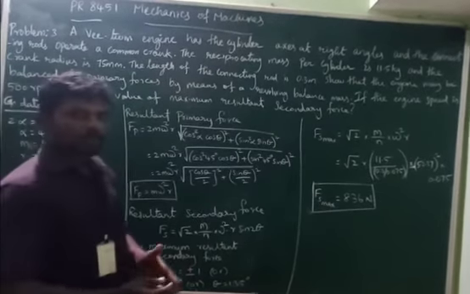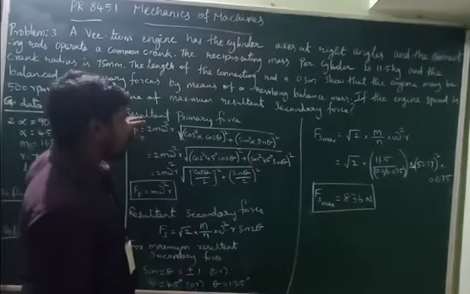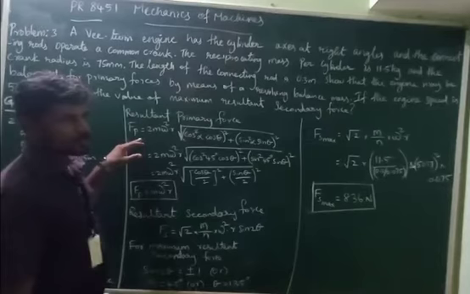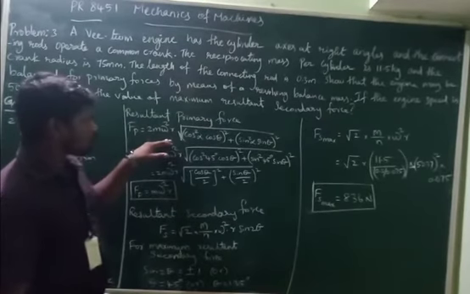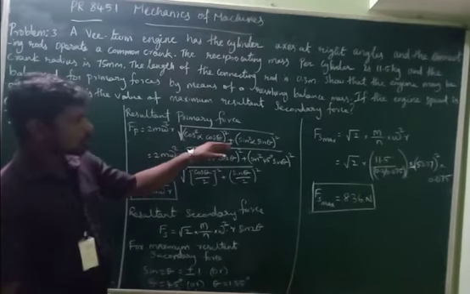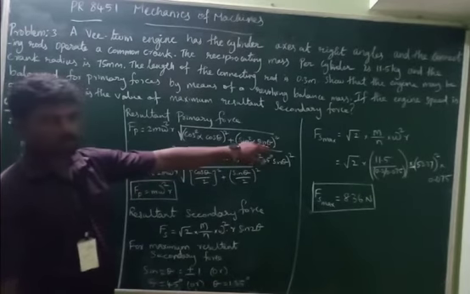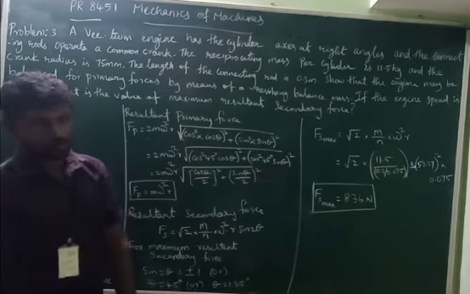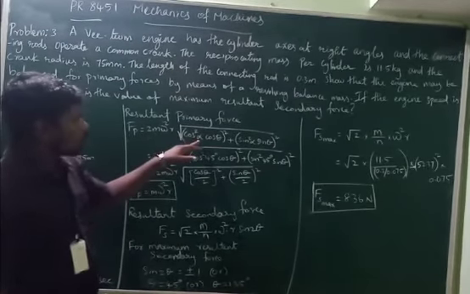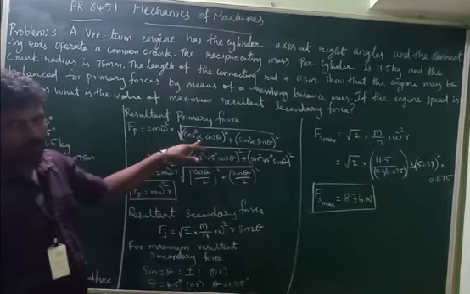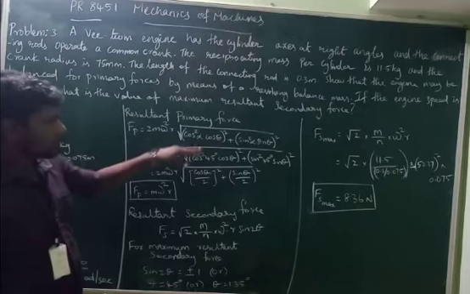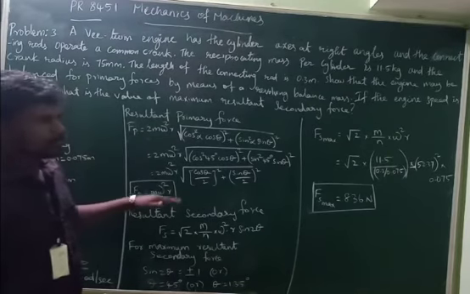Right? After finding the value of angular velocity, we need to find the value of the resultant primary force. The formula for the resultant primary force is 2m omega square r times the square root of cos square alpha cos theta the whole square plus sin square alpha sin theta the whole square. Right? In this formula, we only know the value of alpha, so we can substitute the value here and simplify the equation.